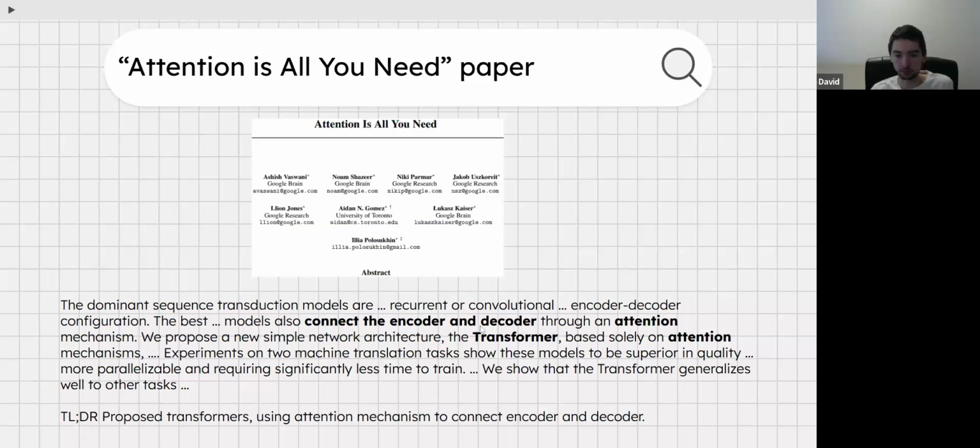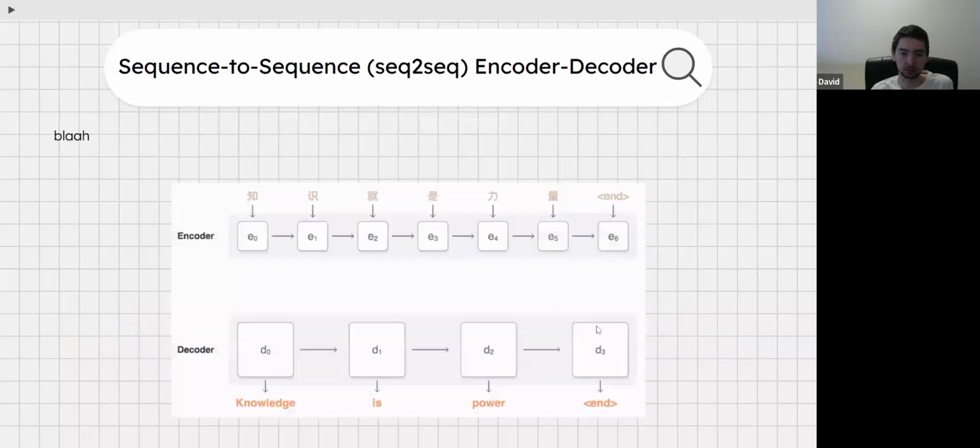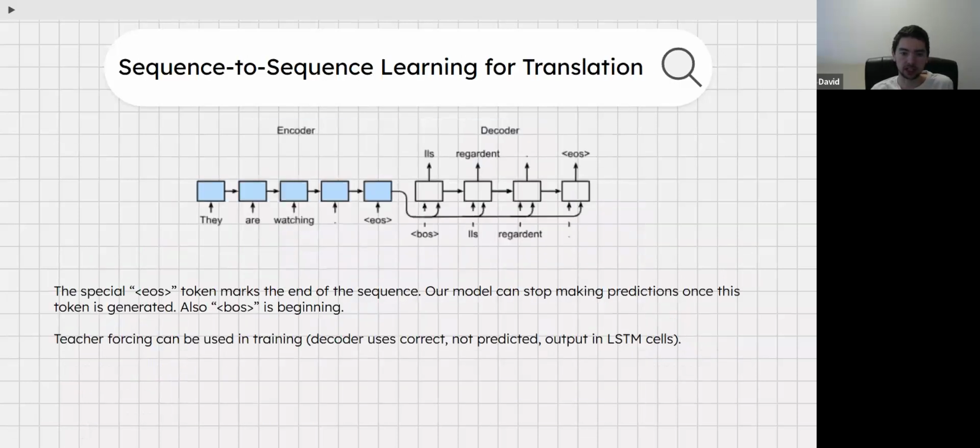Just to let you know, the attention mechanism means that at each stage we're outputting a context vector. So each word will output a context vector representing the meaning of that word in a certain context, and so on for each word. We're going to get a whole bunch of context vectors, and then when we decode, we take in these context vectors in order to output words in the translation.